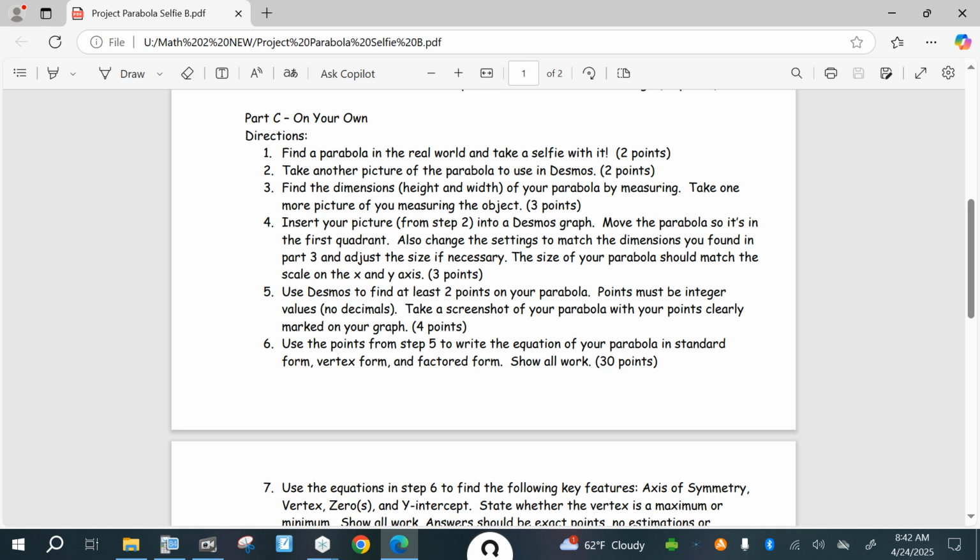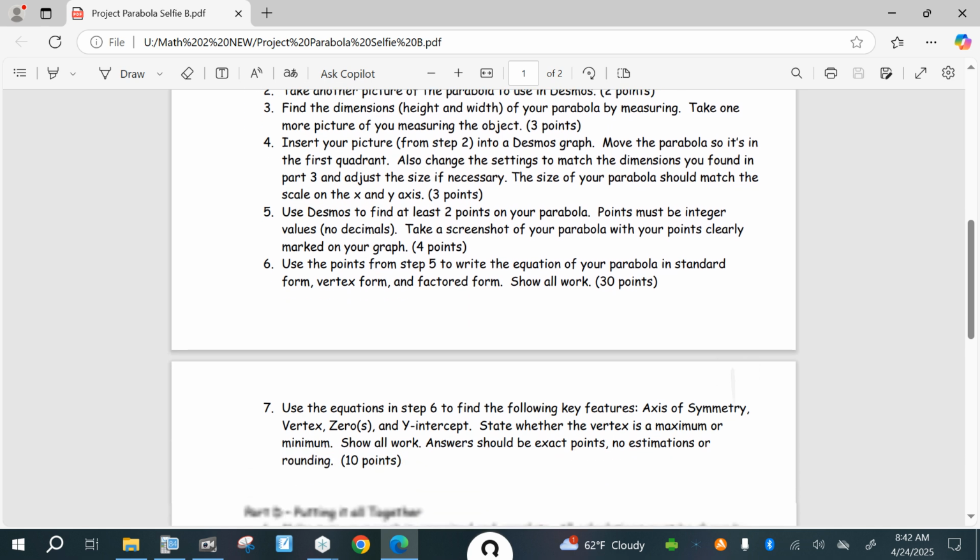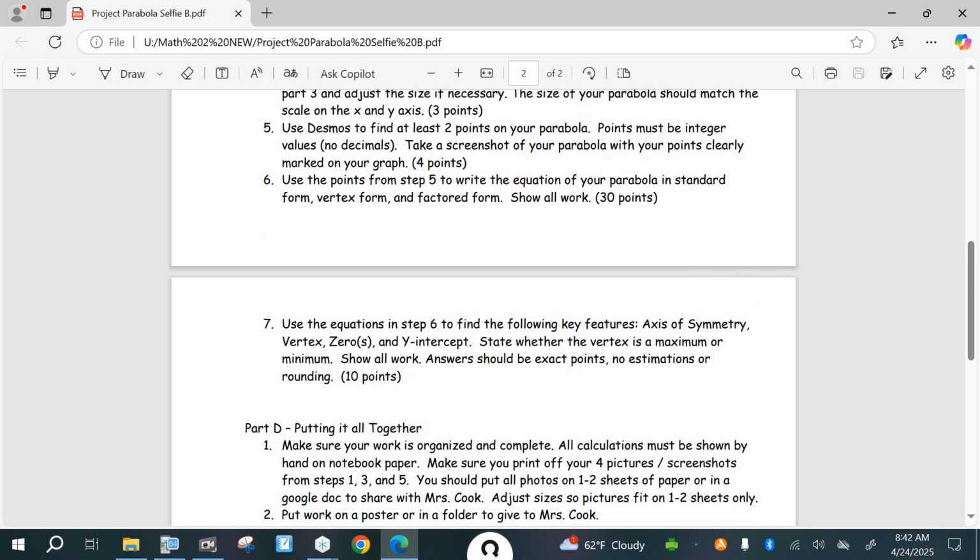So it's either 2 or 3 points that you need from that graph. You're going to take a screenshot of your parabola with your points clearly labeled, and then you are going to do what you did in parts A and B. You're going to convert your equations into standard, vertex, and factored form just like last night, and then you are going to find all the key features.